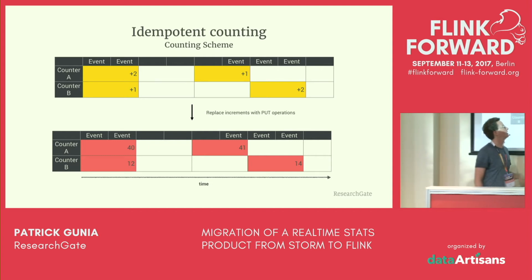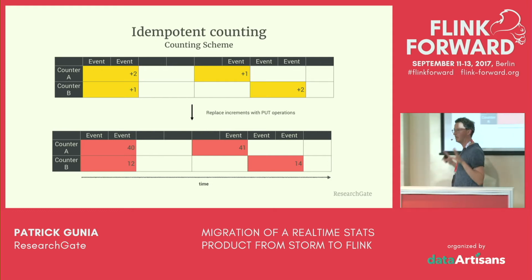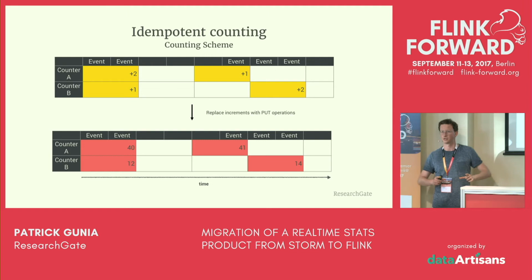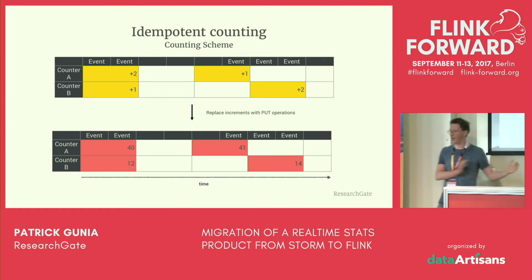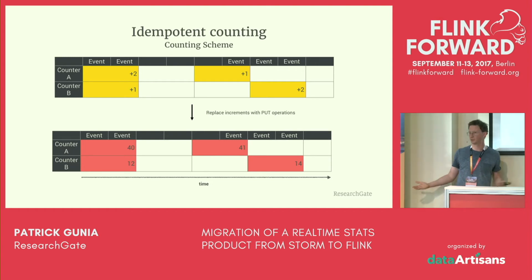And now we get an increment plus 1, and the value is 41. And the output is not going to be the increment operation. The output is going to be the current state of the counter. In that case, you can go back and forth in time, reprocess messages, update your state internally, and then output the data and the state of that processor to your Kafka sink, and have the data always correct in HBase.